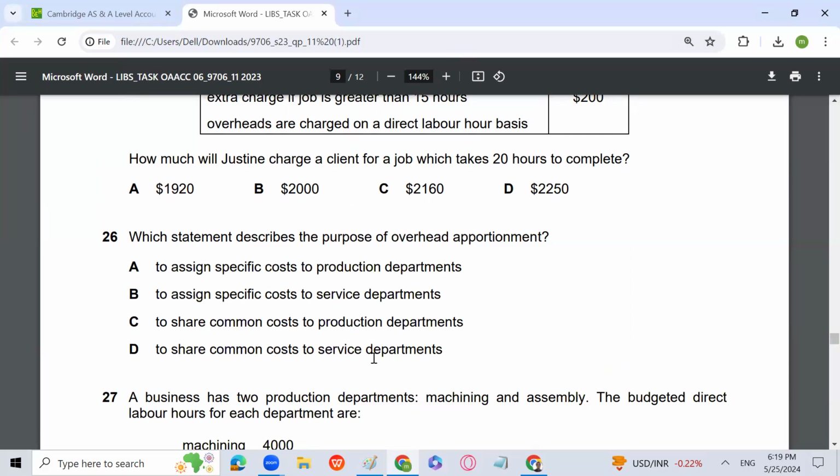The answer is to share common costs to production departments, because service departments have no cost actually. They transfer all their costs to production departments. We need overhead apportionment only when there is a common cost which needs to be assigned to the production departments. C is the answer.